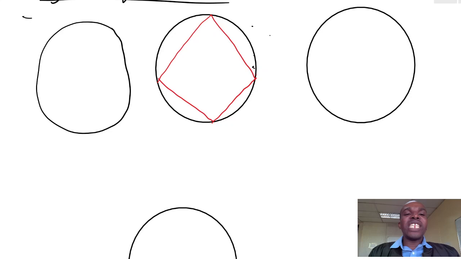So this one is my four-sided shape. It's inside a circle, and all of its sides must be touching the circumference of the circle.